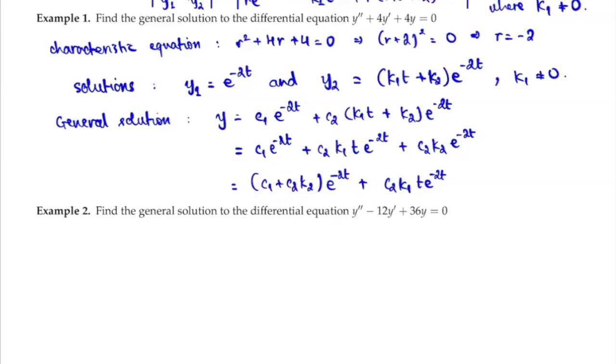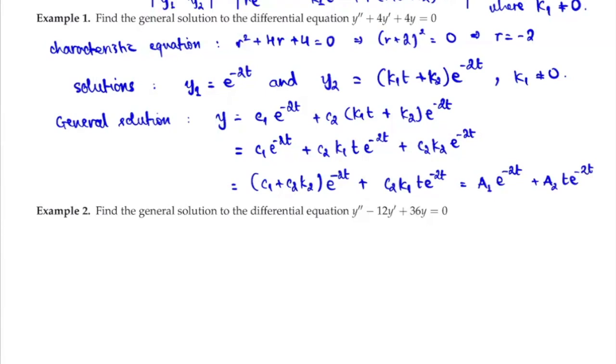It doesn't matter what letter you use; just put it in capital case. And c2 times k1, both constants, so the product is also an arbitrary constant. Therefore, the general solution is of the form A1 times e to the -2t plus capital A2 times t times e to the -2t. Hopefully you see how you get the general solution.